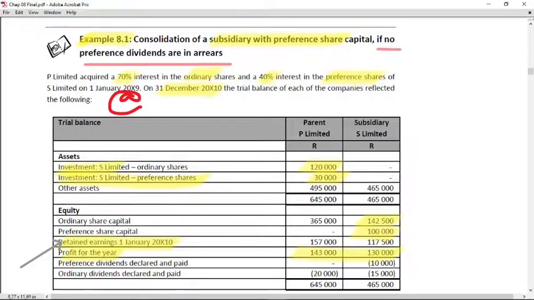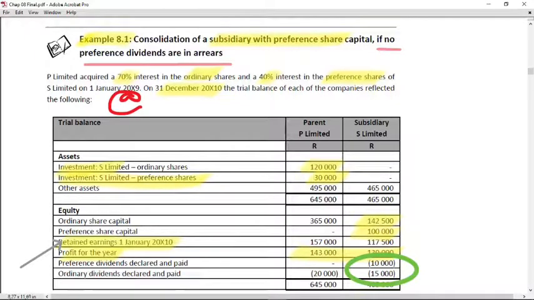Then the moment we are in Chapter 8, your dividend and dividend information becomes very important, as that is what we're going to use to help us identify how much of the equity of S is attributable to the different equity participants. So this information down here is very important.